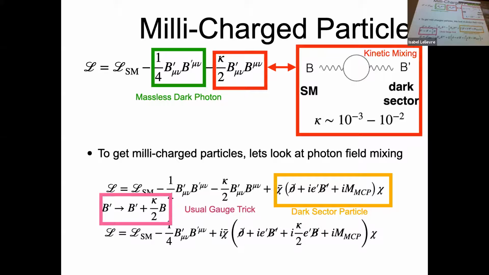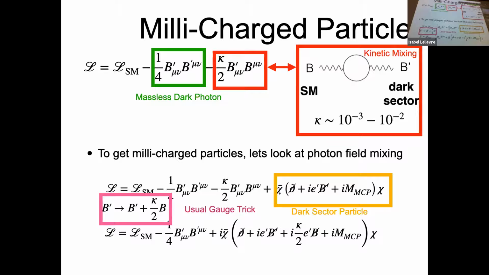In the two extreme cases, when one is much heavier than the energies that you're probing, it makes more sense to use the dark photon. If the dark photon is much lighter or massless, then it's much better to use the millicharged version. You don't have to do it, but it's convenience. Okay, fine.